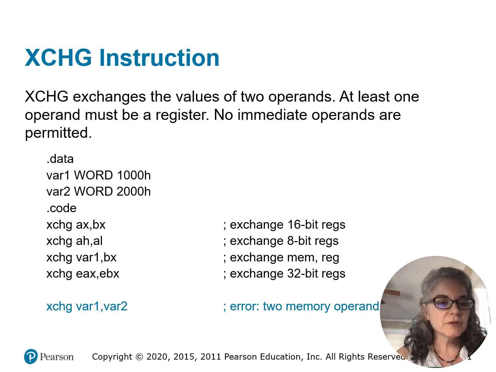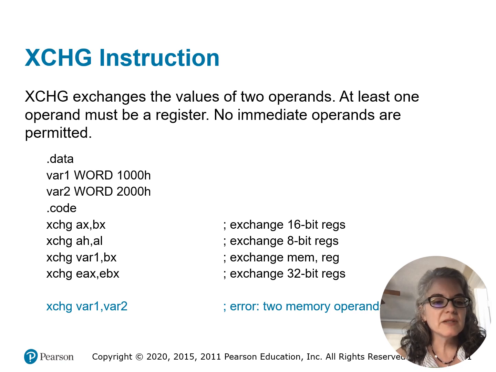So I can have register, register; register, variable; variable, register. All we're doing with these is exchanging the values. Notice that var1 here is word size, and so BX is word size.